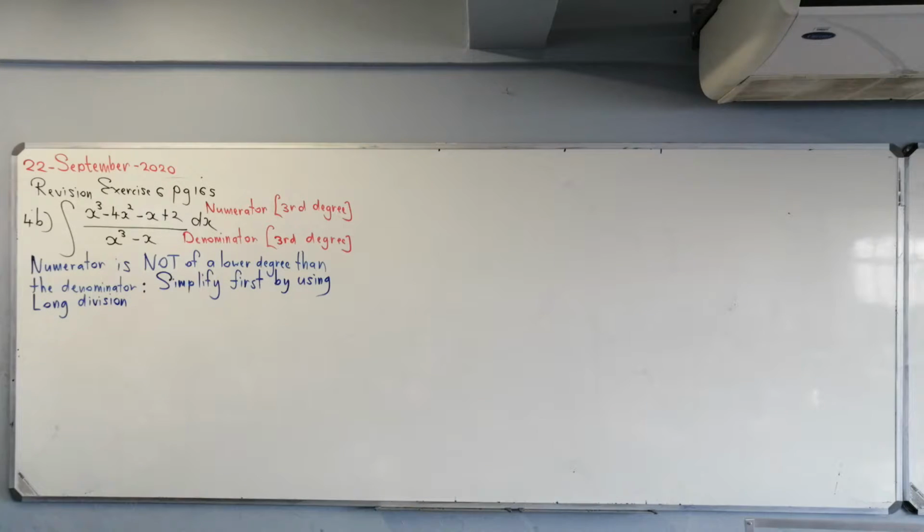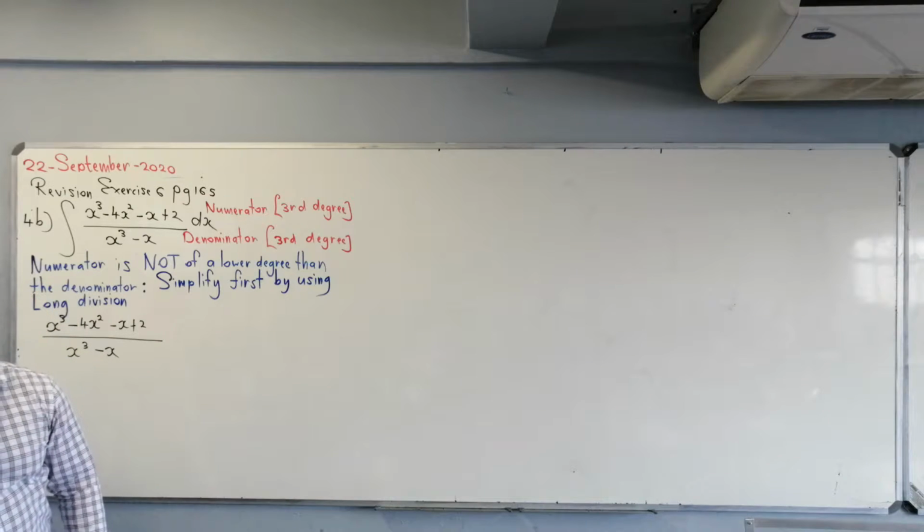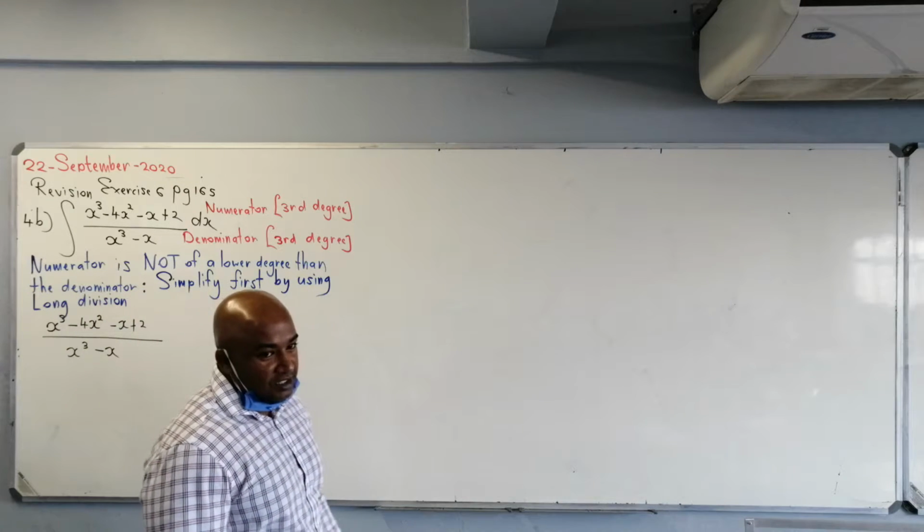Right, so what we're going to do is, let's rewrite our fraction here. So now we have x cubed minus 4x squared minus x plus 2 all divided by x cubed minus x. Now what we're going to do here is long division.